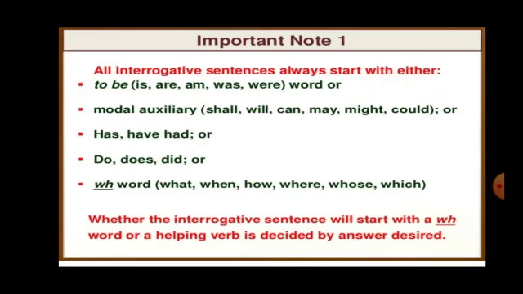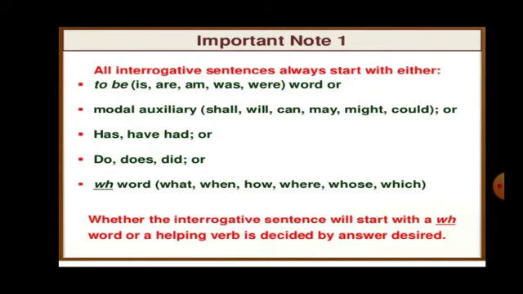One important note is that all interrogative sentences always start with either a to be form, that is am, is, are, was, were, etc. Or it may start with a modal auxiliary like shall, will, can, may, might, could, etc. Or it may be have, has, had, or do, does, did. Or a WH word, that is what, when, how. This we don't have to study in this chapter. We just have to study the first four points that are covered in our chapter.